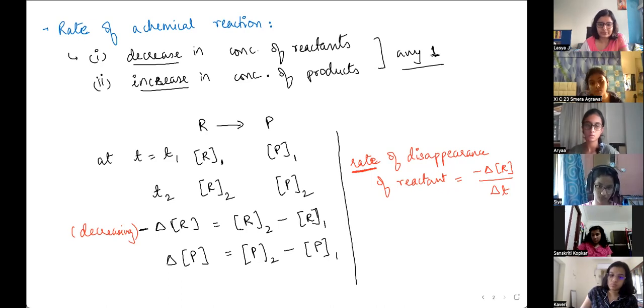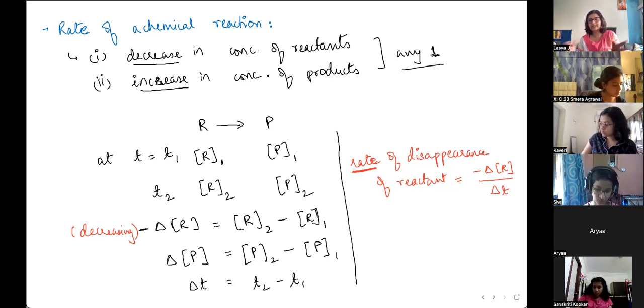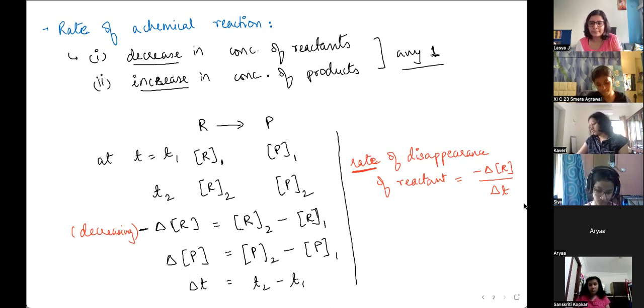So note it down here: when we say delta T, the change in time will be T2 minus T1. All of these calculations, you can draw parallels with motion calculations and other things that you measure with respect to time.